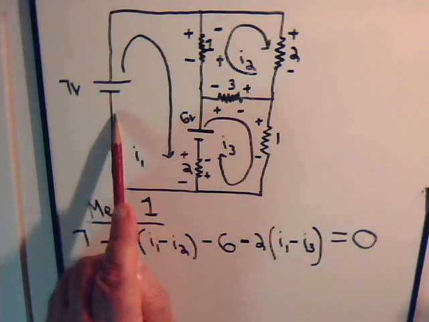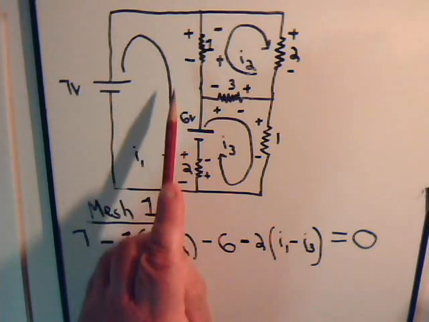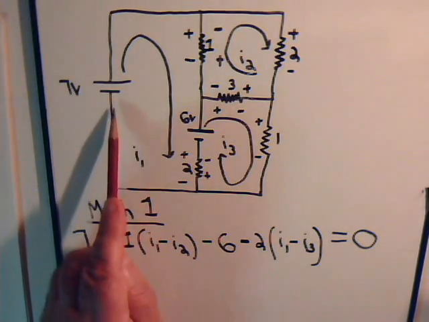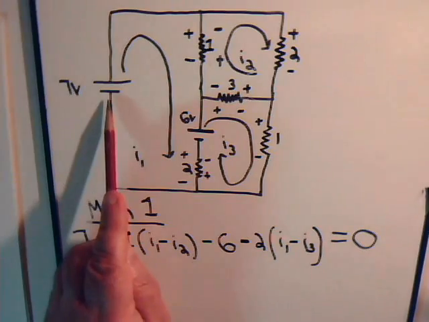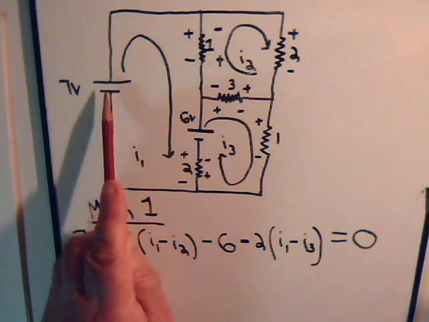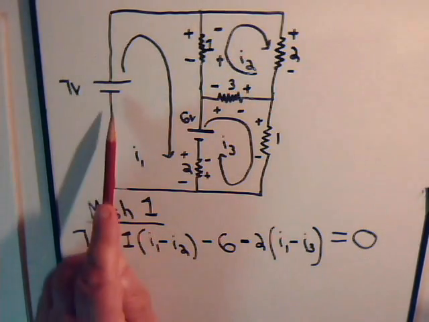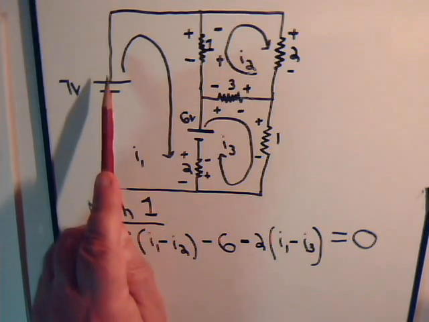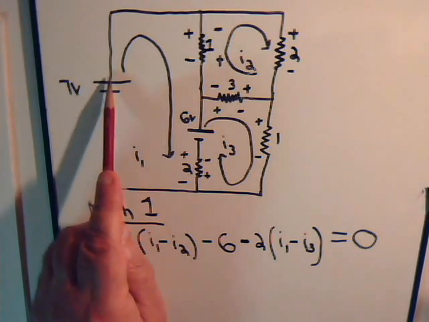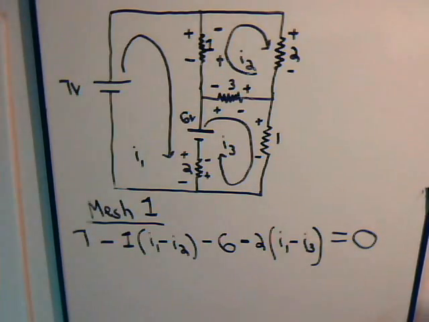And here, then, it's going in a clockwise direction, like this, going from negative to positive, or from a lower potential to a higher potential in this direction, so that's designated with a positive voltage.